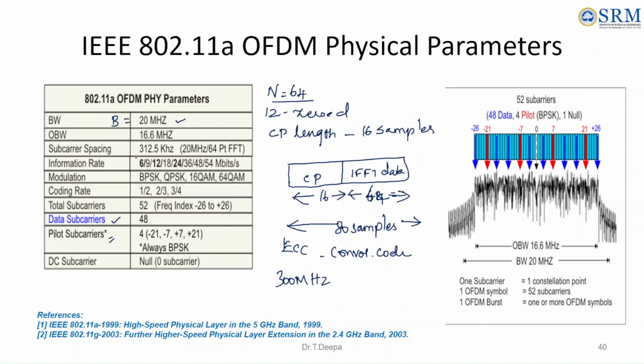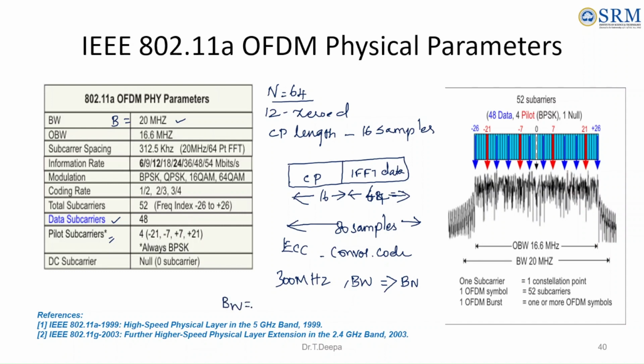Since there are 64 subcarriers evenly spaced over the bandwidth, the subcarrier bandwidth is denoted by Bn.